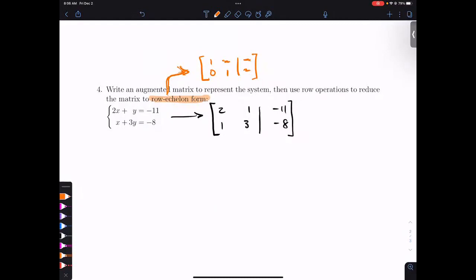So what we need to do is first focus on this and try to eliminate that, right? So eliminate this. Once we get that eliminated, we can just scale everything down to get the ones on the diagonal. So with a 2 here and a 1 here, what do you want to do to eliminate it?